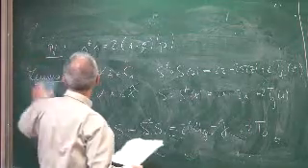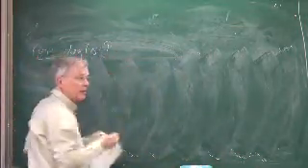As a corollary, we get the degree of S. Well, every isogeny has a degree.